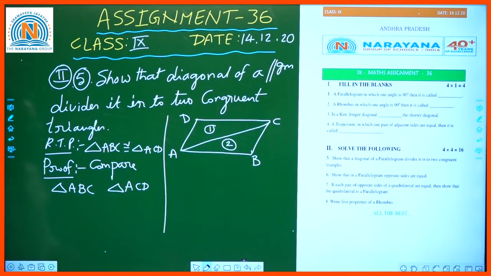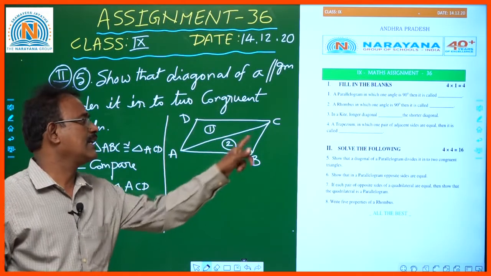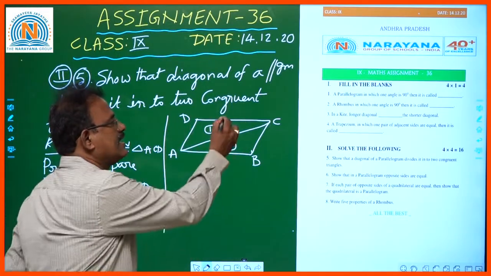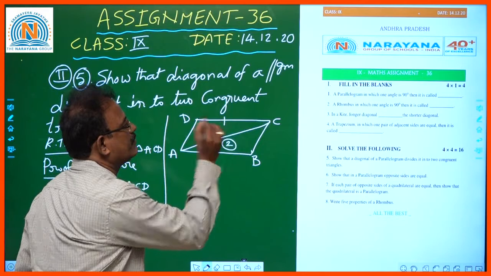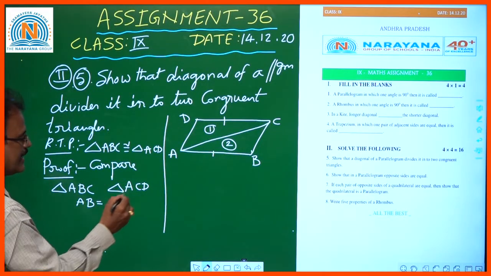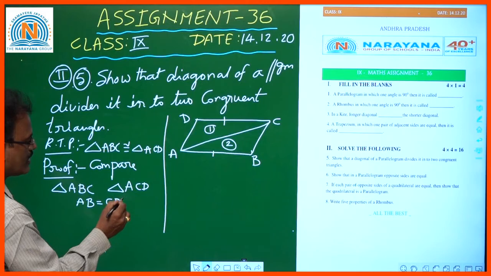Triangle ABC and triangle ACD. In triangle ABC, side AB, and in triangle ACD, side CD, both are same. Why?